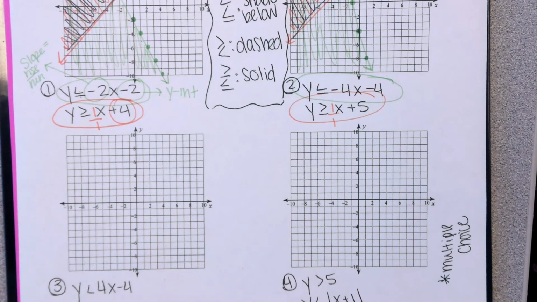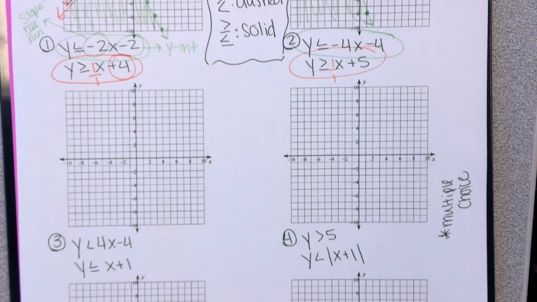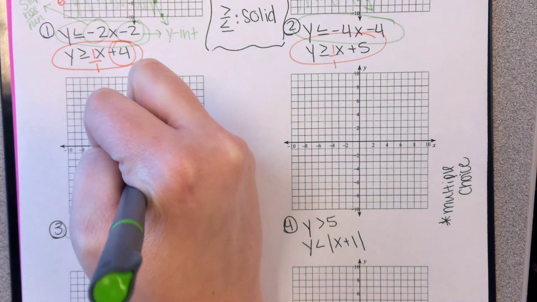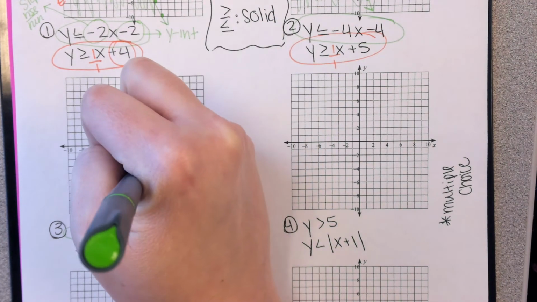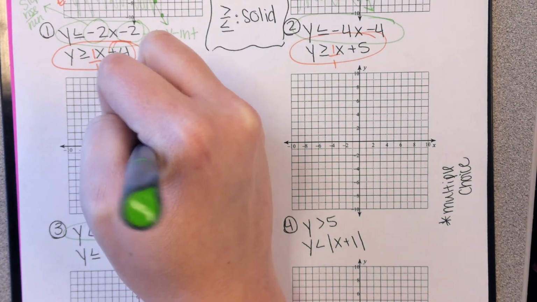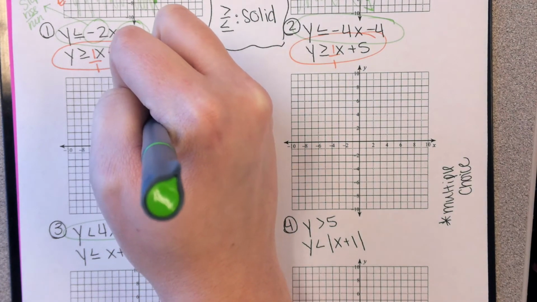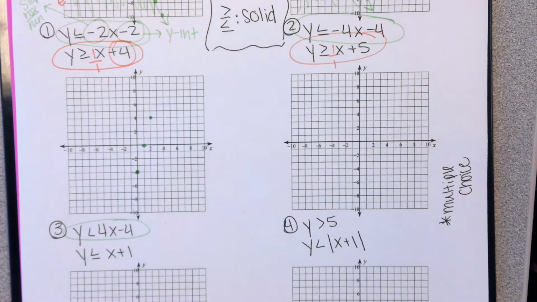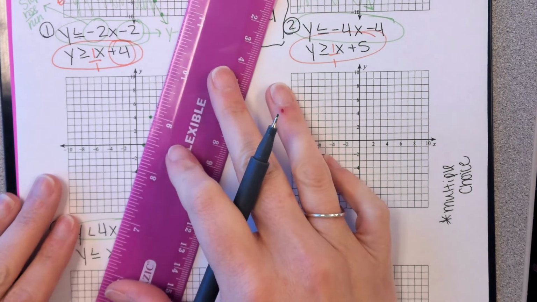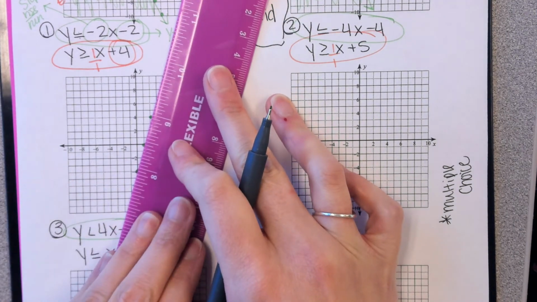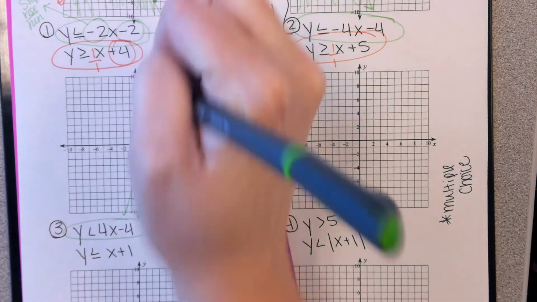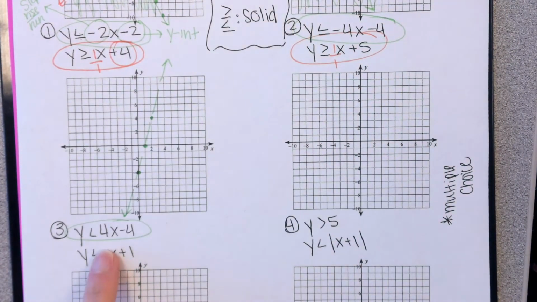Okay, moving on. Number 3. Our y-intercept is -4 and my slope is 4/1. So I'm going to go up 4/1. Okay, it's less than, so that's going to be a dotted or dashed line. And I'm going to shade below.